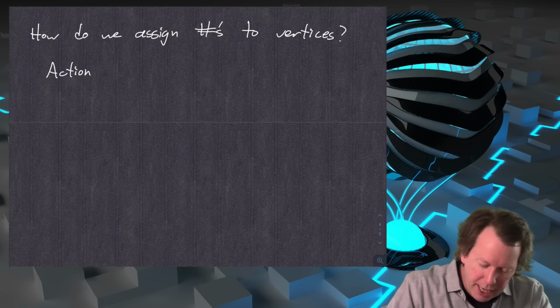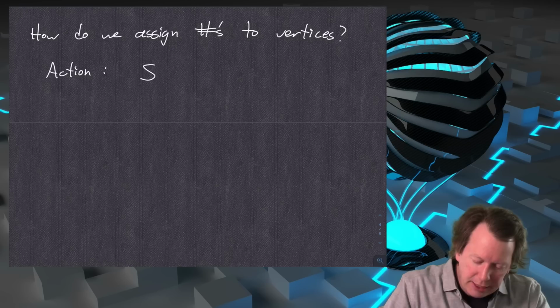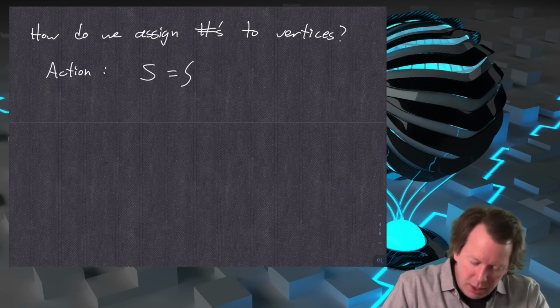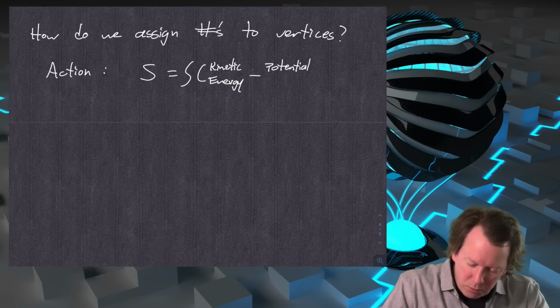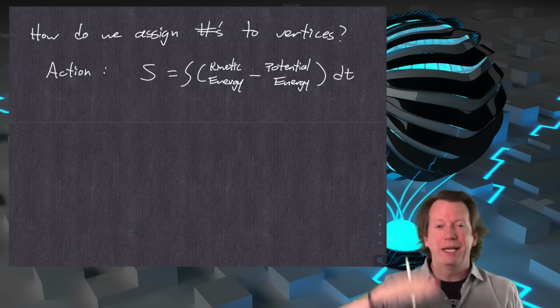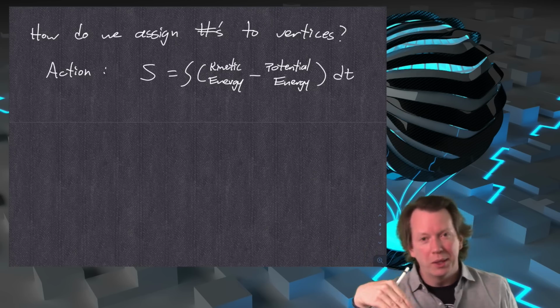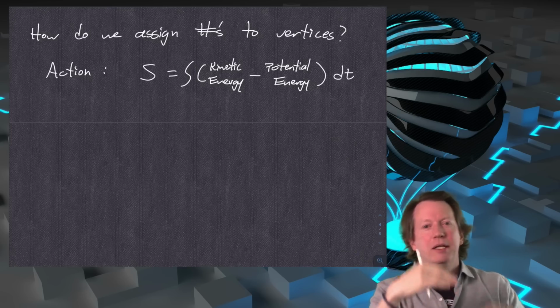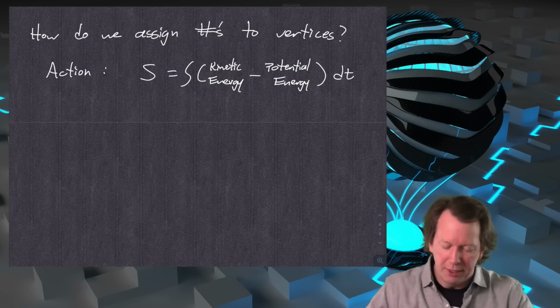So the principle of least action says that we have an action S, and there's an integral of the kinetic energy of your particle or your system more generally, minus the potential energy. And then you integrate that over time, dt. So remember, integrals are sums, so we're saying at every moment you evaluate this quantity, kinetic minus potential, you add them all up over all the different moments of time.